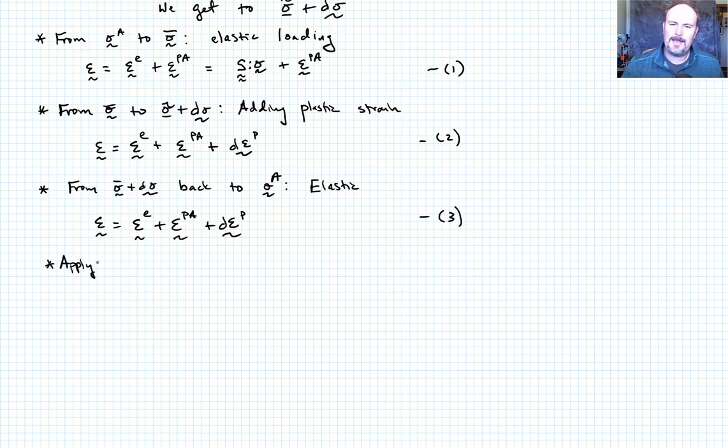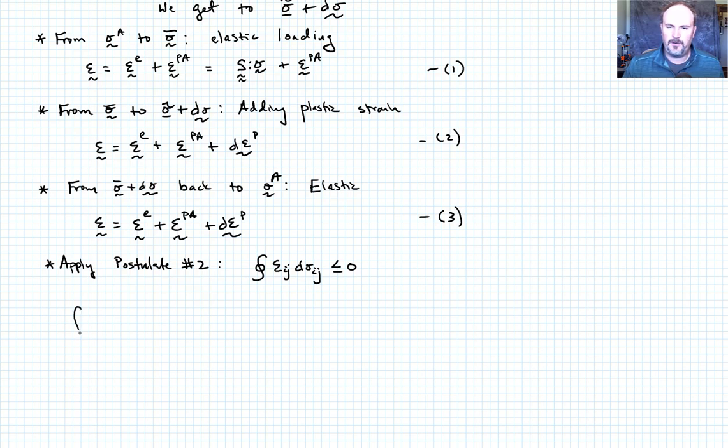So we want to apply postulate 2 from the previous lecture, which, if you remember what that said, it said that the integral around some stress path of epsilon ij d sigma ij would be negative semi-definite, so less than or equal to 0. Okay, so that's the postulate we want to apply to this load step.